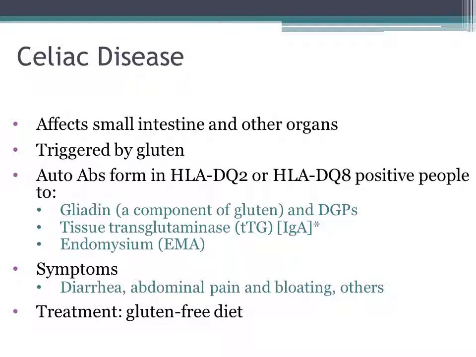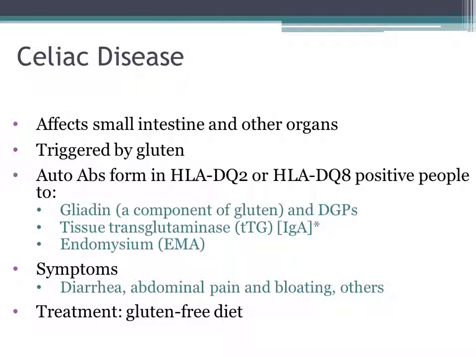None of them is highly specific. So the first thing the doctor will do, given the patient's symptoms, is usually run some of these antibodies. And if they are positive, then go in and do a tissue biopsy of the intestine. And that makes the definitive diagnosis.